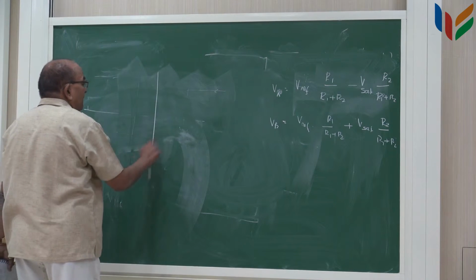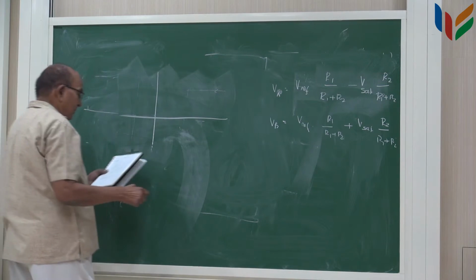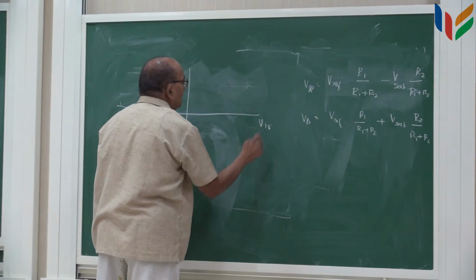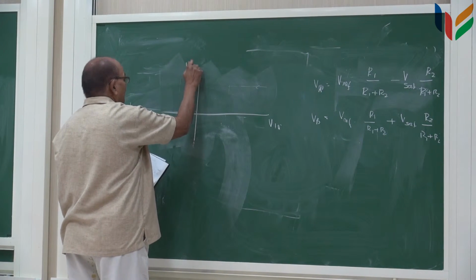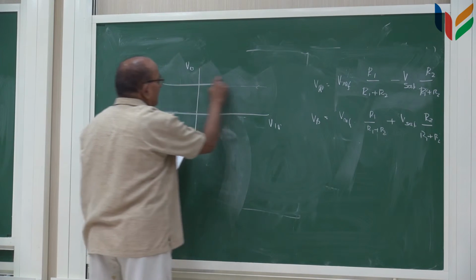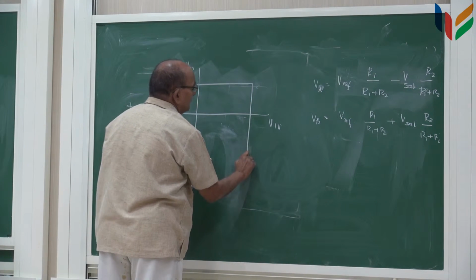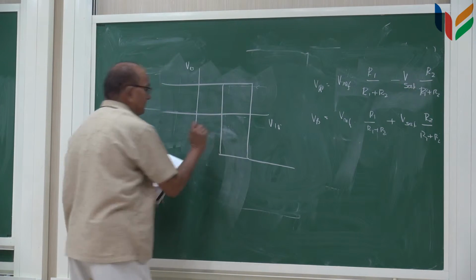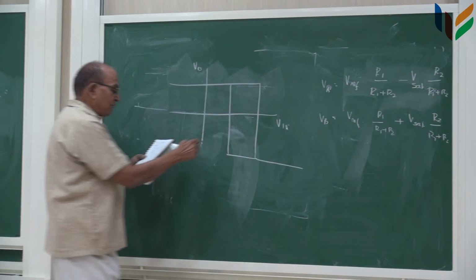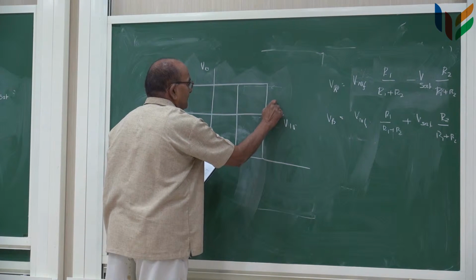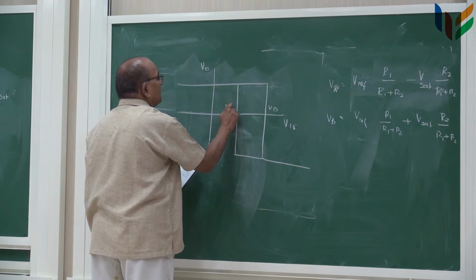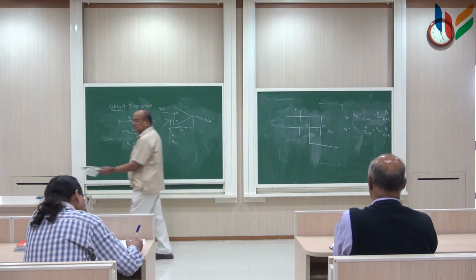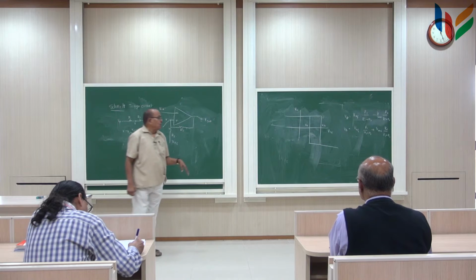The characteristic comes out to be, you can just argue it out, V in versus V0 will look like this. This point is Vb, this point is Va. You can argue it out.